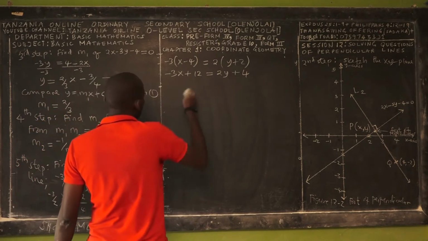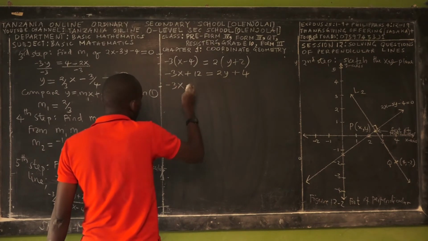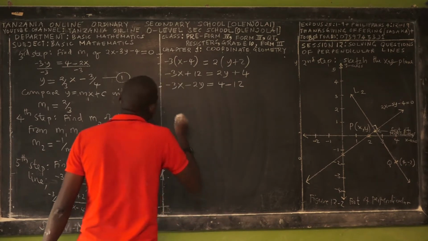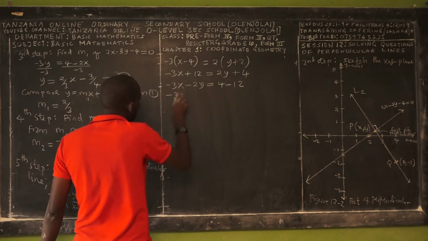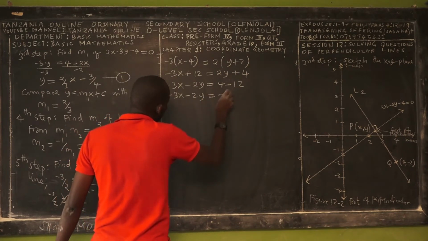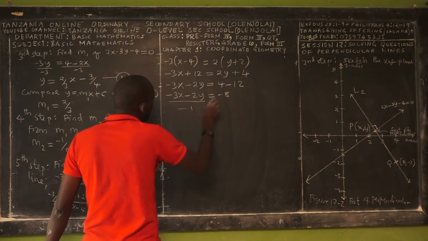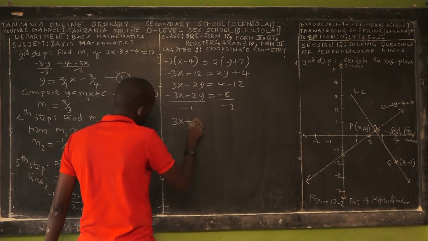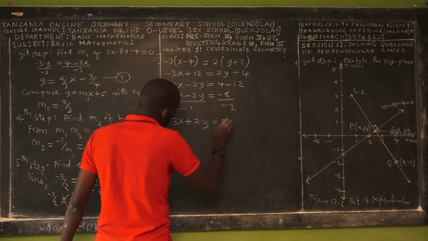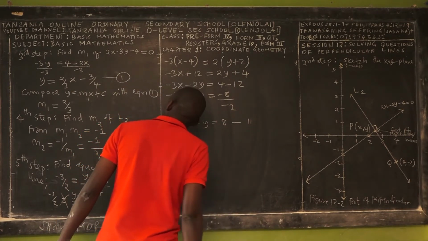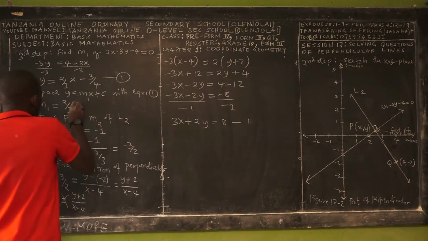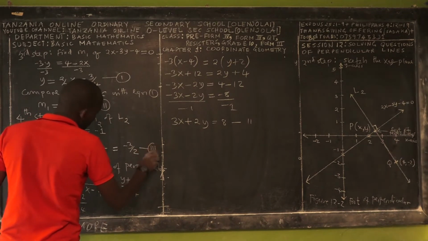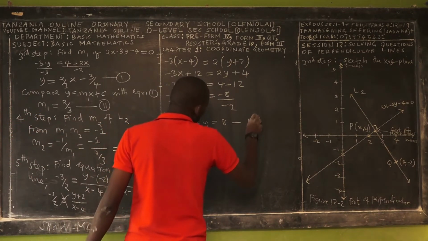Okay, so let me express it in this form: negative 3x minus 2y is equal to 4 minus 12. So negative 3x minus 2y is equal to negative 8, divided by negative 1 on both sides. So this will make 3x plus 2y is equal to 8. This is equation 2, and this is equation 3, and this is equation 4.